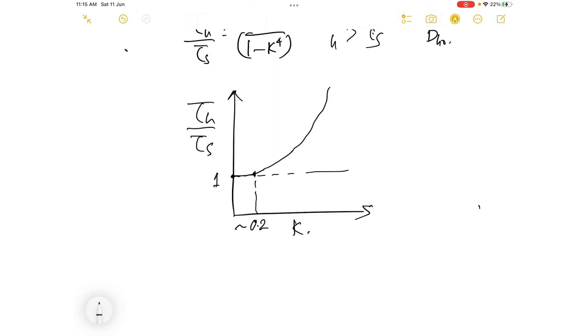So what we can say from the variation that we are looking at is that even after the removal of some material, okay, basically what k represents is the ratio of the inner to the outer diameter. So if I am making a hole, basically there is some material that I have removed. So even after the removal of material, the increase in the torsional shear stress for the case of hollow shaft is not considerable. It's like negligibly small.